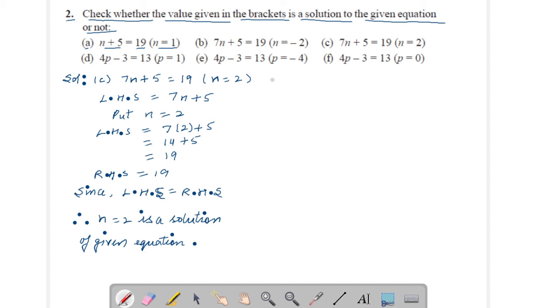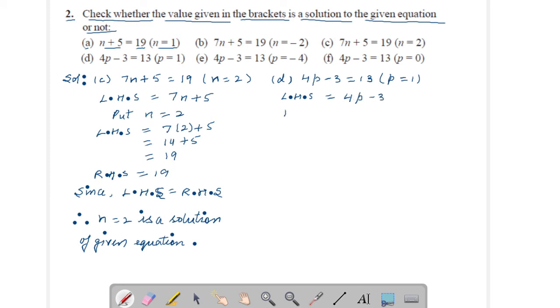Now come to D part. 4p minus 3 equal to 13. p equal to 1. Say left hand side equal to 4p minus 3.